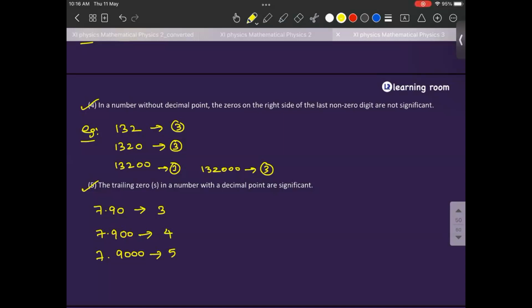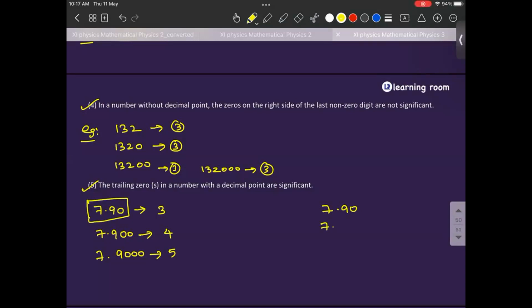What is the reason? Generally when you do an experiment, you repeat the experiment multiple times. Maybe one of the times you got the answer as 7.90. The meaning of this is that maybe next time you are going to tell me a reading which gives the value up to 2 decimal points.